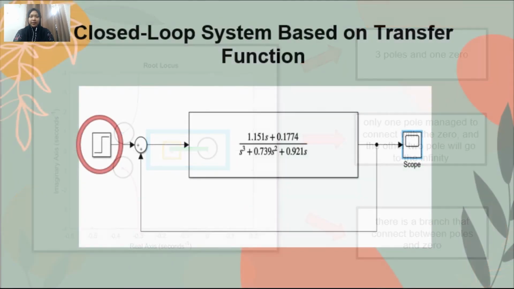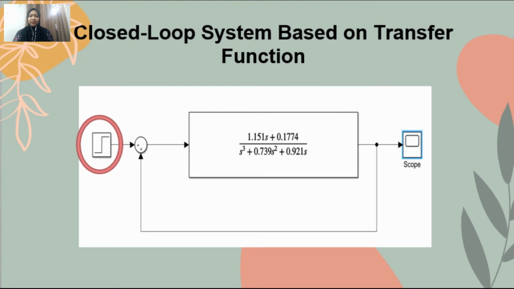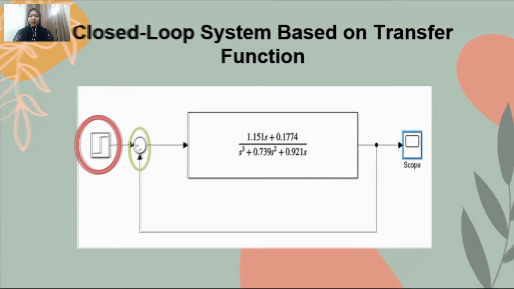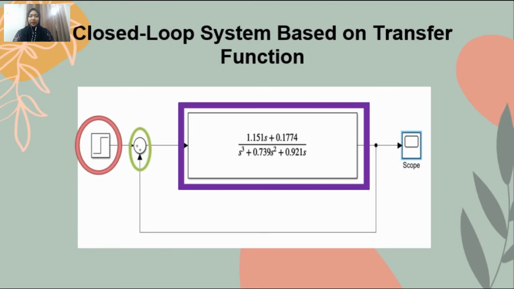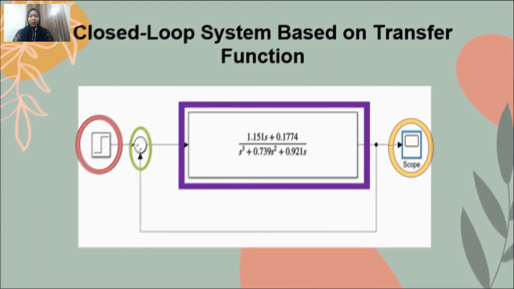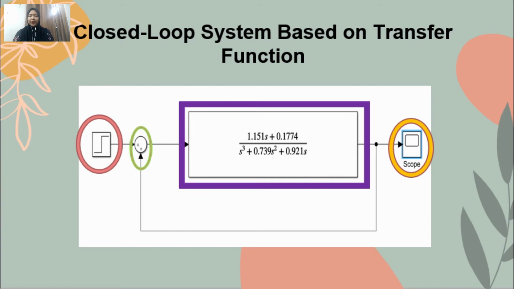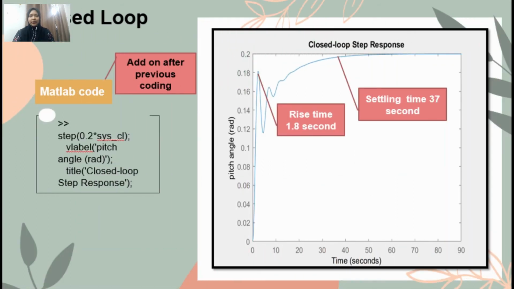For the closed-loop system, this is the Simulink model where there is a step block, summing junction block, transfer function, and scope as the output with the feedback connection. So, this is the coding for the closed-loop system.